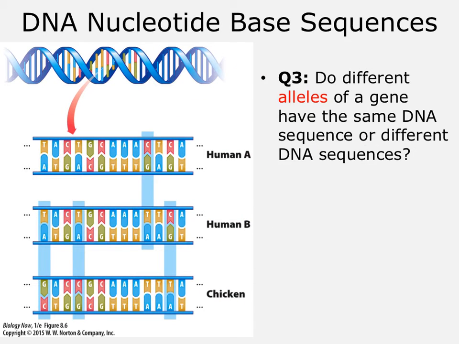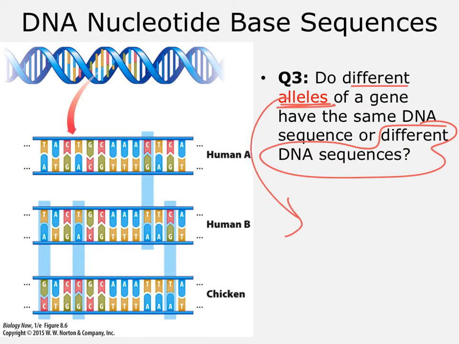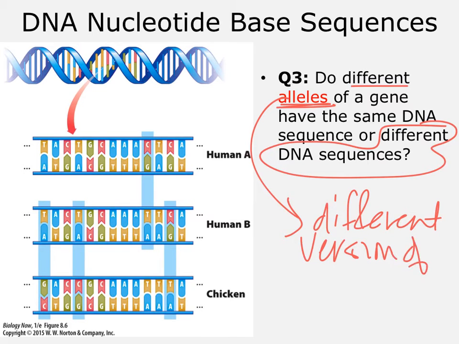So do different alleles of a gene have the same DNA sequence or different DNA sequences? What do you think? Has to be different, right? If it's a different allele, different alleles code for different versions of a trait. Tongue rolling or not? Yes, no for tongue rolling.